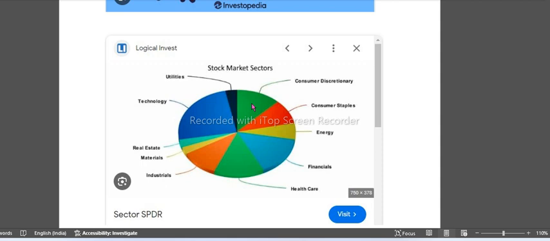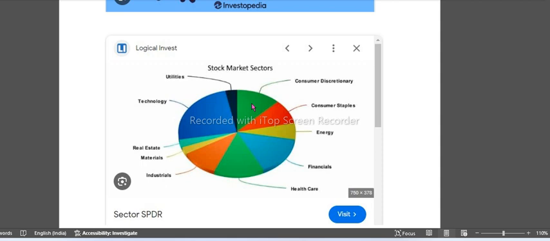A sector based ETF takes one sector. For example, take the IT sector, with full IT stocks, 10 or 15 IT sector funds available in one ETF, that is the IT sector ETF.